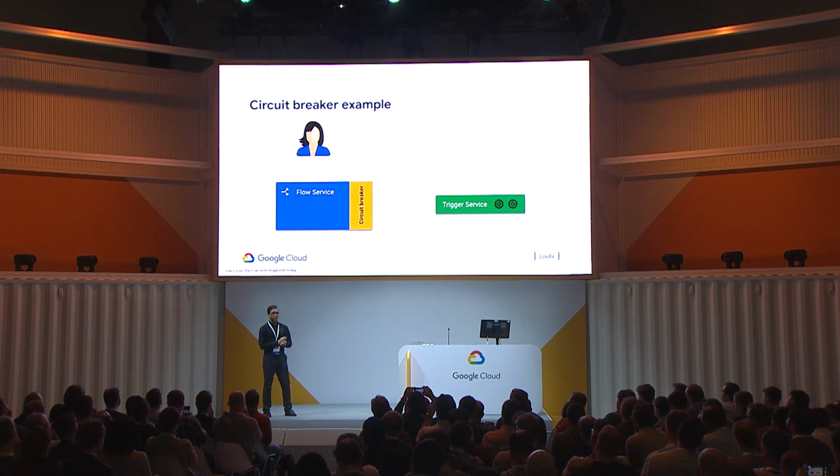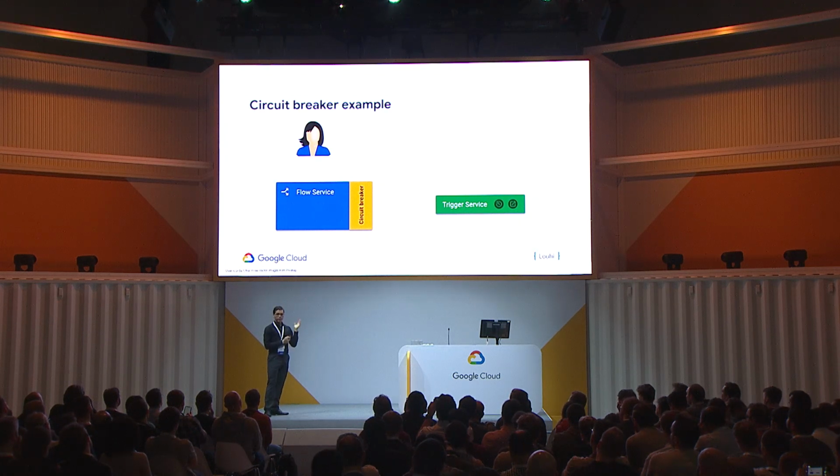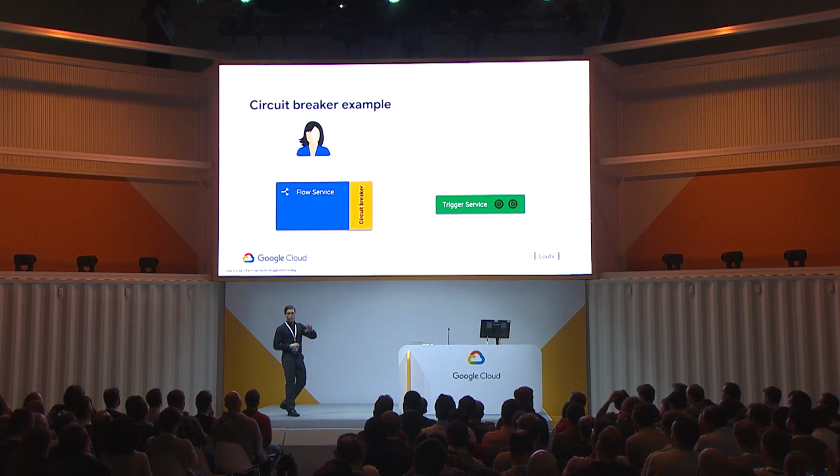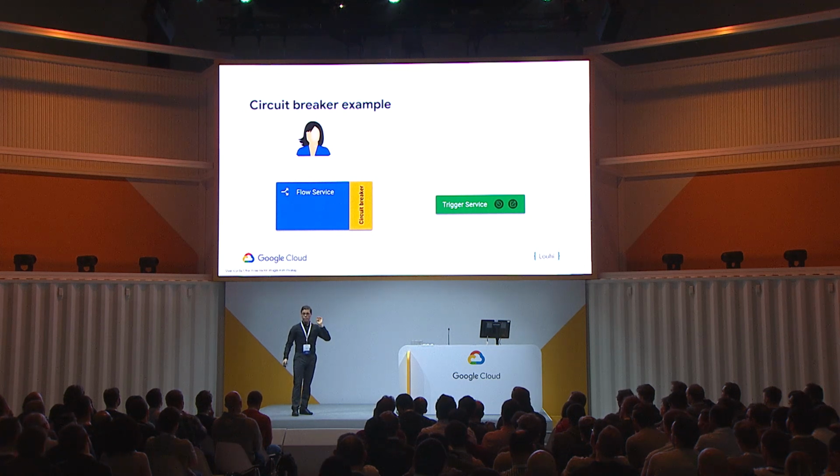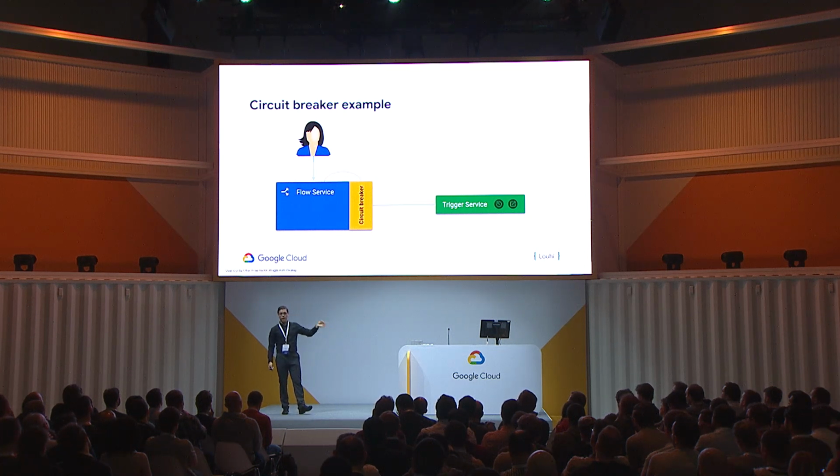What do you do? Well, let me show you how we can improve the user's experience by implementing a circuit breaker, adding it to the flow service. So when everything is functioning normally, the circuit breaker does nothing, and it just passes the user's request along to the trigger service, and the user's happy. But again, let's say the trigger service goes down for some reason.